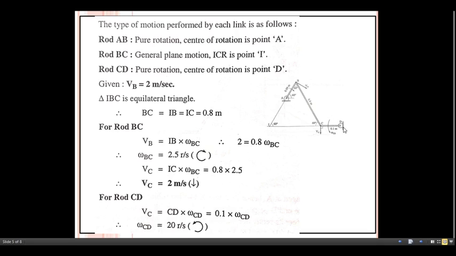Now, if I consider the rod CD, we get the relation VC equals CD multiplied by omega CD. The length of CD is 0.1 meter, multiplied by omega CD.